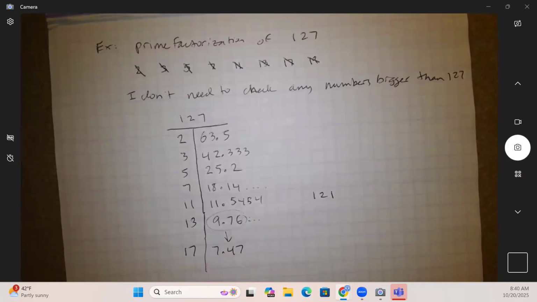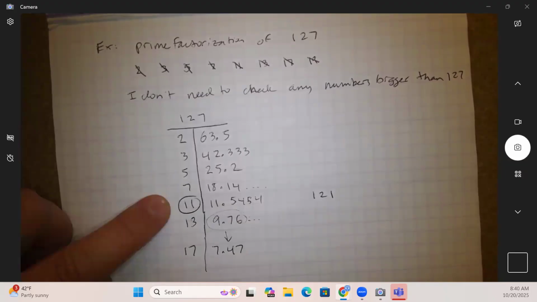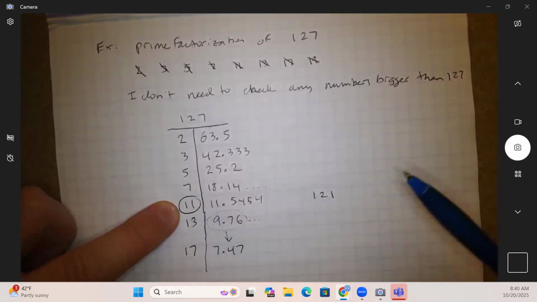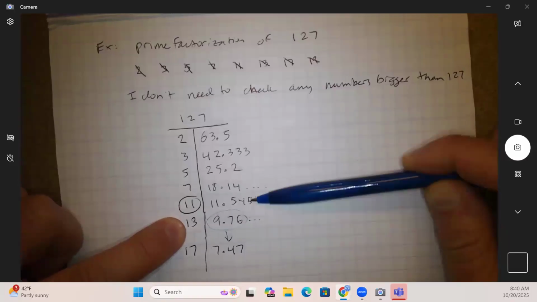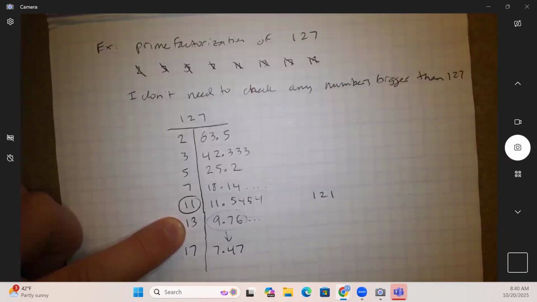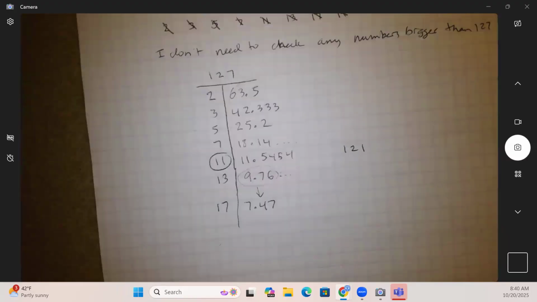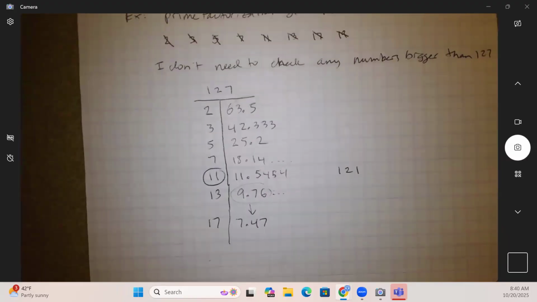So my cutoff is actually, for this one, 11. Because if I can't multiply 11 by a prime, then going bigger is not going to help either, because I'm going back this way.